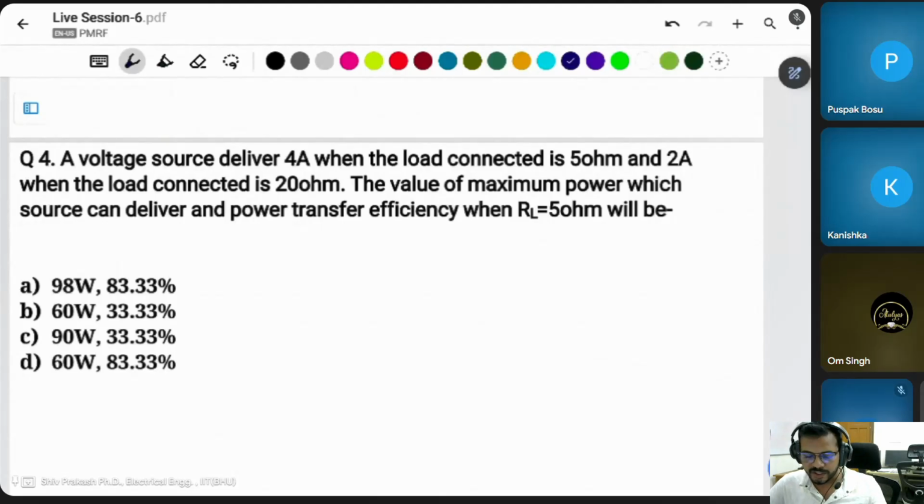A voltage source delivers 4 ampere when the connected load is 5 ohm and 2 ampere when the connected load is 20 ohm. Find the value of maximum power which the source can deliver and the power transfer efficiency when RL is equal to 5 ohm.